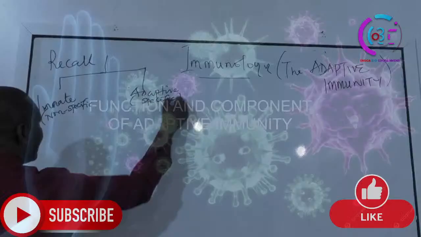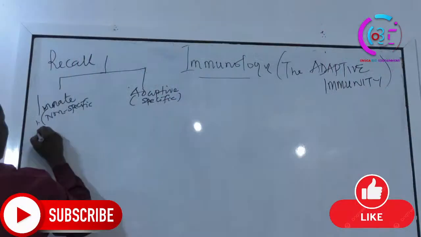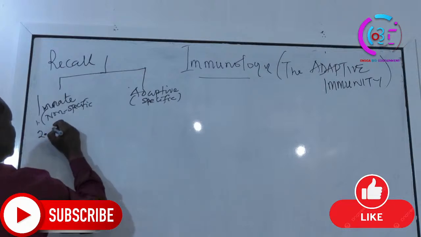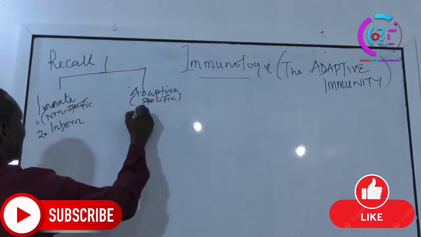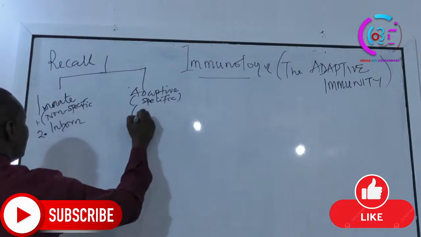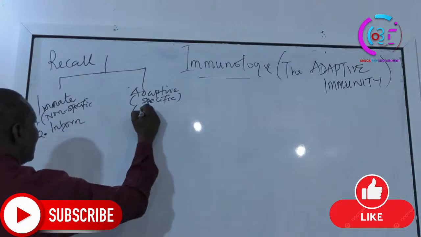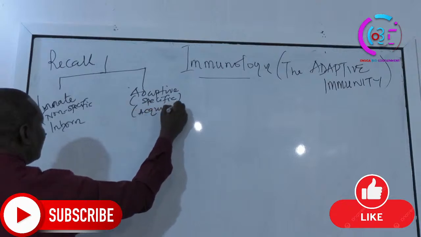I told you that innate is inborn, and adaptive is acquired. Inborn and acquired.